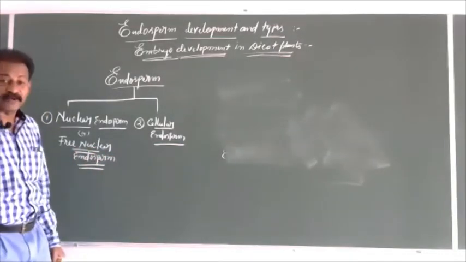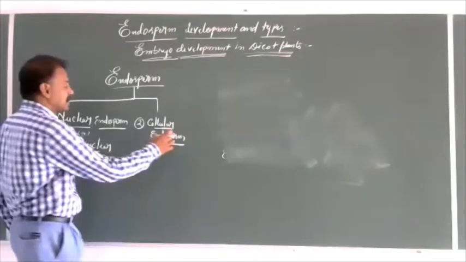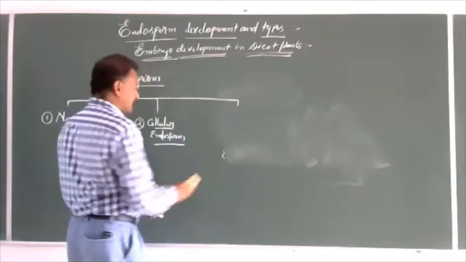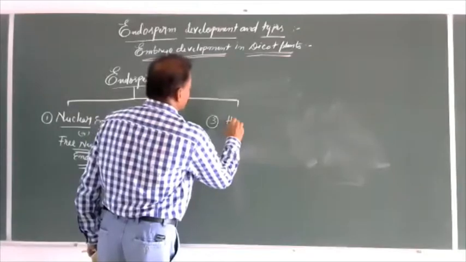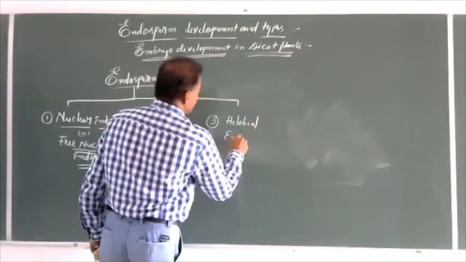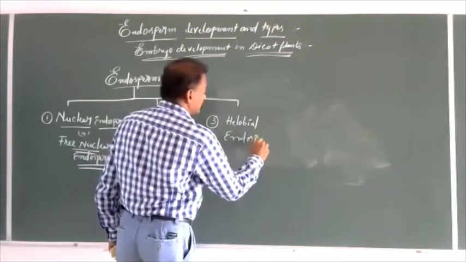Nuclear endosperm or free nuclear endosperm. Cellular endosperm. Third one, helobial endosperm.